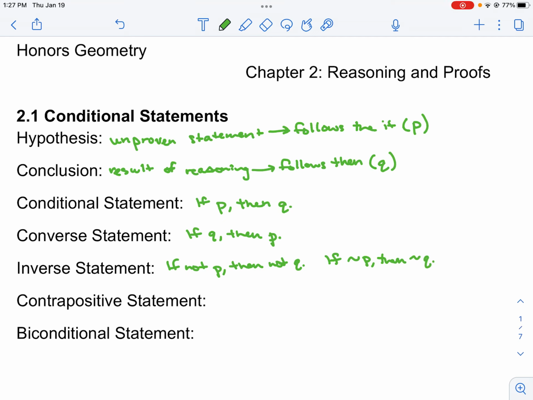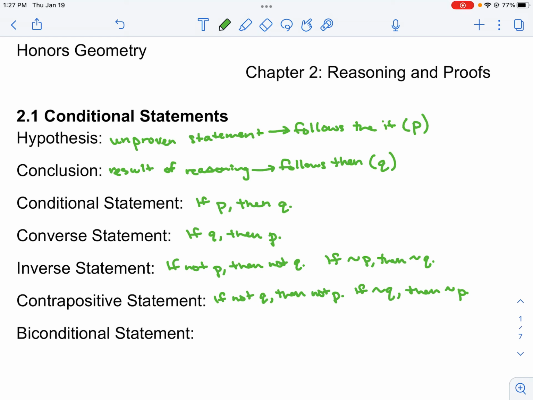But I just wanted to show you both formats here. The contrapositive is if not Q, then not P. Again, you might see it with the tilde. So this is just setting up a statement and then rearranging it based on what you're being asked.